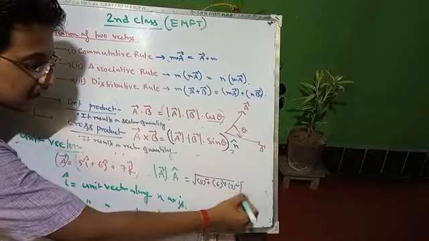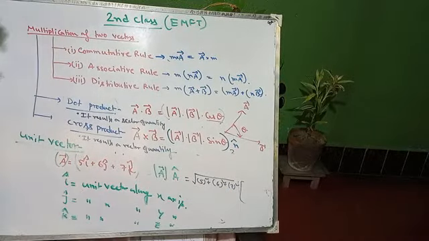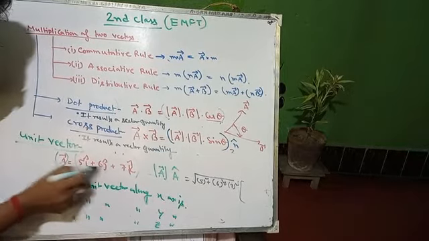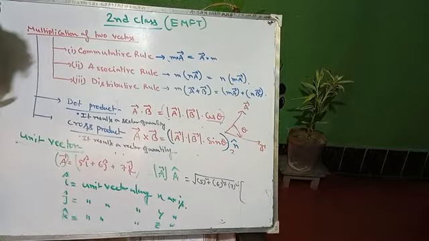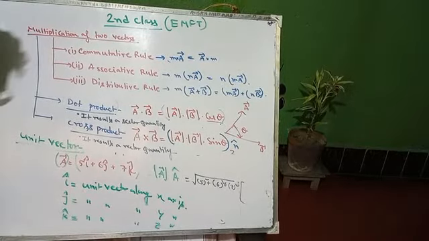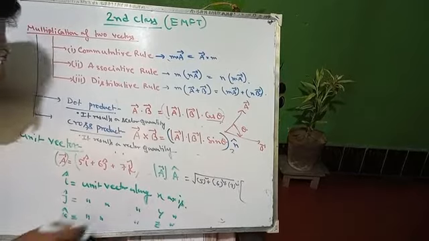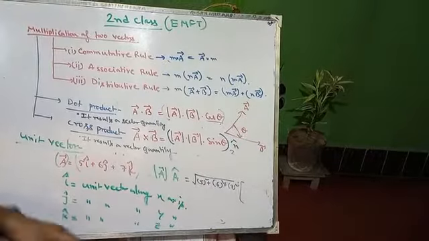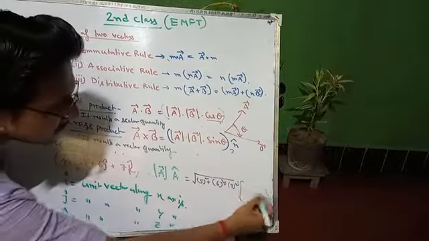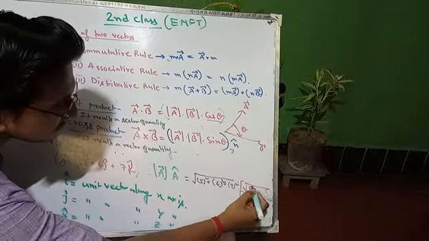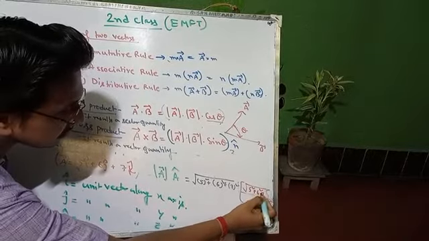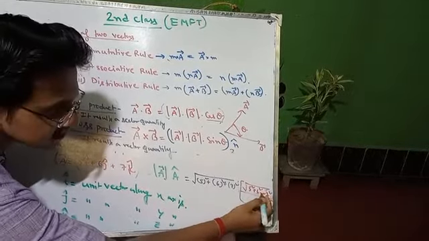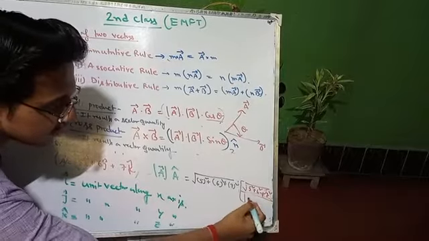And what will be the direction of A? Last day I discussed something with tan inverse, right? But in this case there are three unit vectors, so it cannot be written with the tan inverse concept. So how do we represent it? The unit vector is 5 i cap plus 6 j cap plus 7 k cap divided by the modulus of this, that is root over of 5 square plus 6 square plus 7 square.